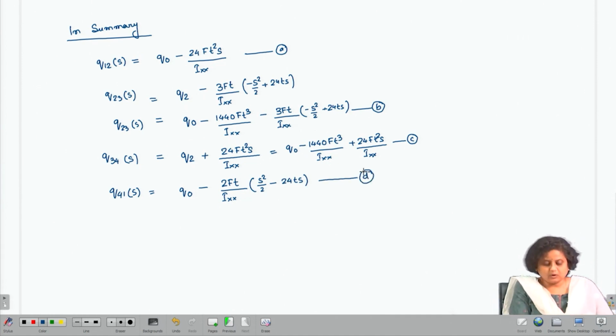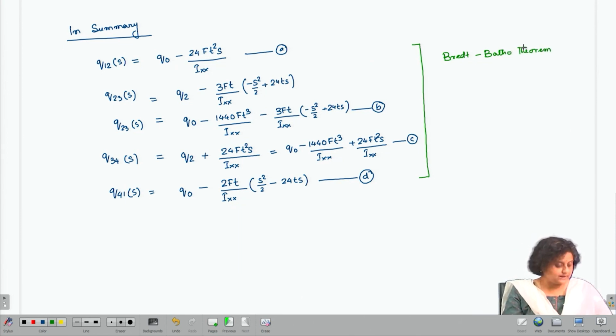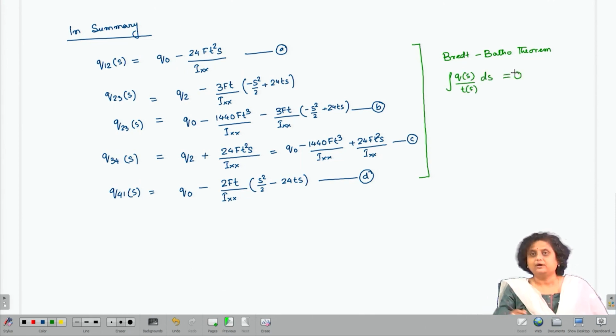Now, on all these 4 equations we have to apply Bredt-Batho's theorem, and we have to say that the integral of Qs by Ts into ds is going to be equal to 0, since there is no torsion.